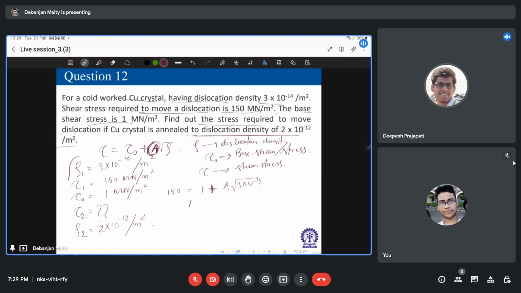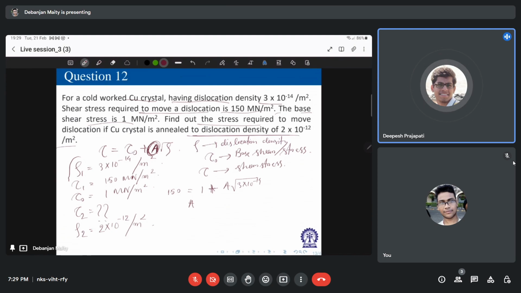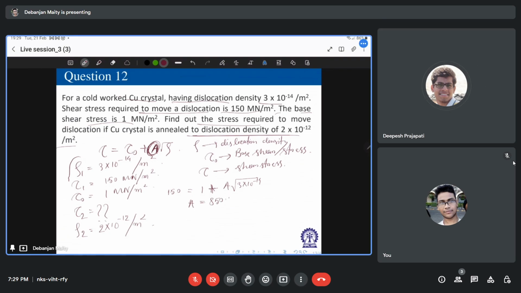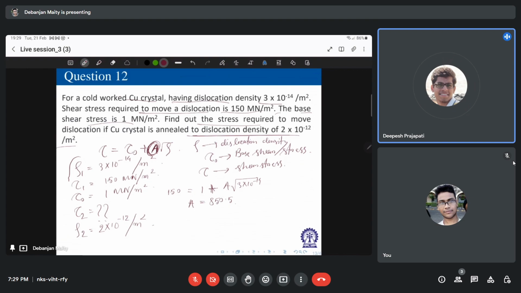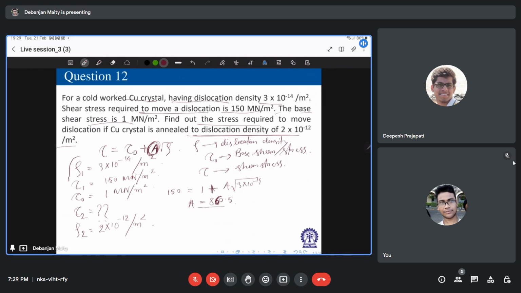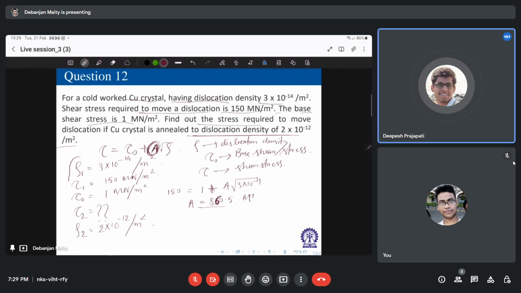How much is a coming? 860.25. Okay, 860.5. What is the unit? Meganewton per meter cube.